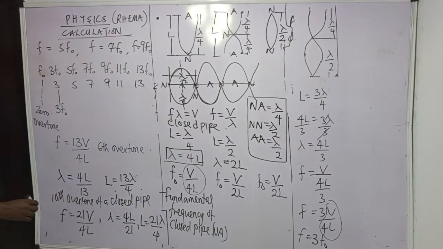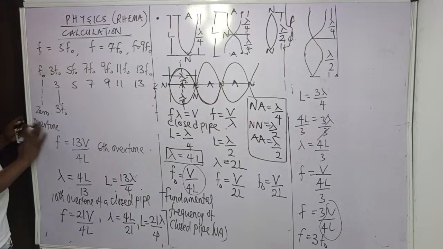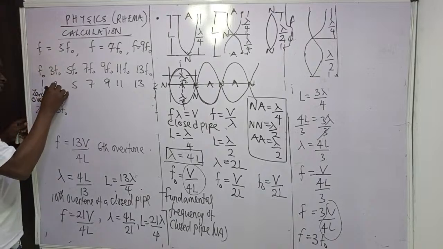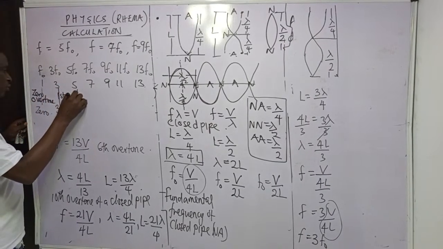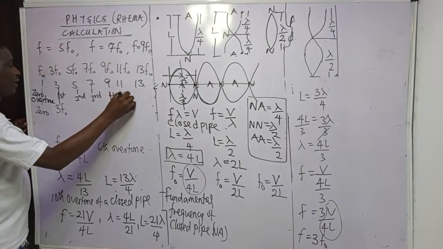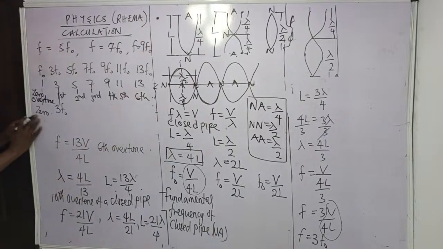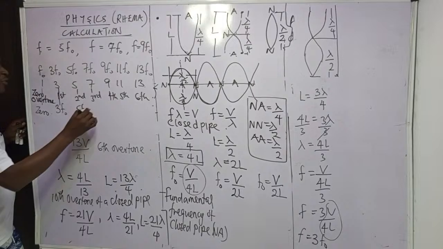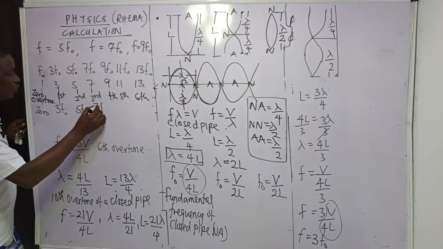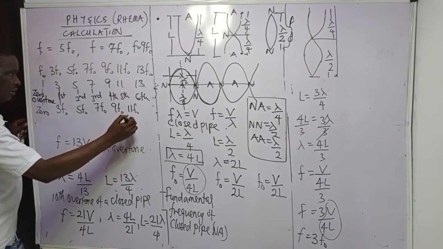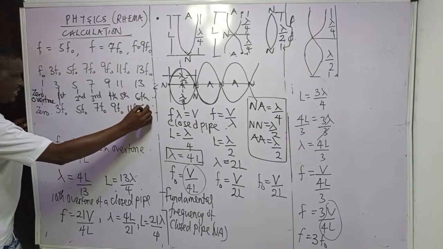Now, how do they get it? Let's look at it. This one is the zeroth overtone, then the first, second, third, fourth, fifth and sixth. But this one is the fundamental frequency, third harmonic, fifth harmonic, seventh harmonic, ninth harmonic, 11th harmonic and 13th harmonic.